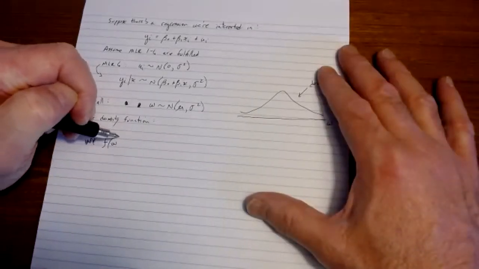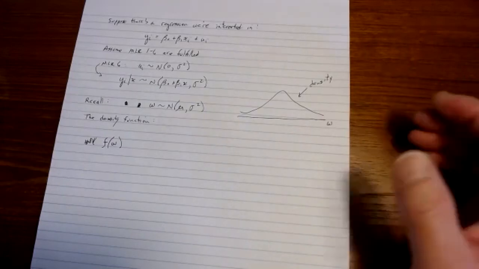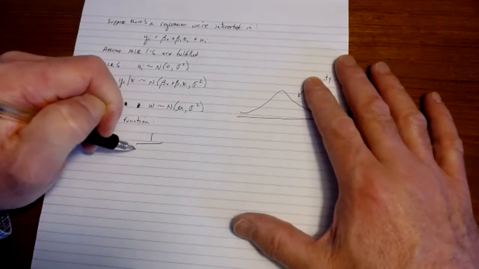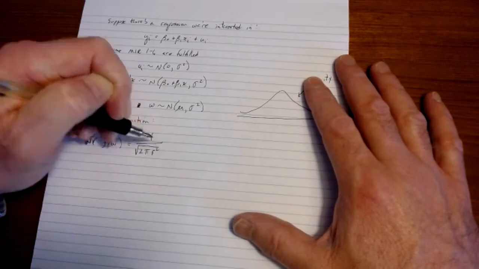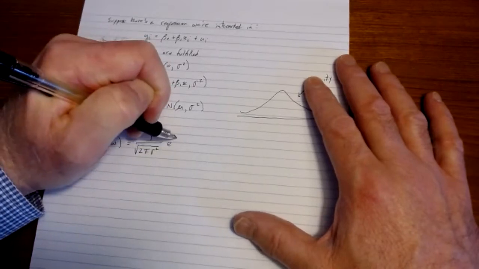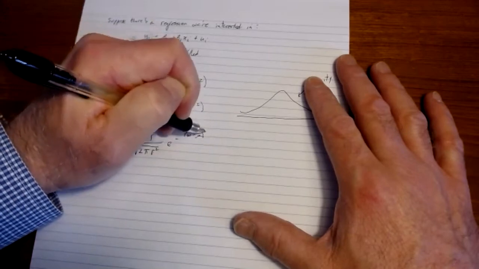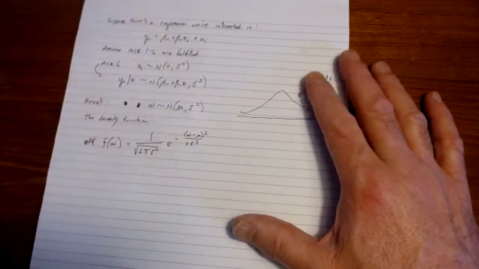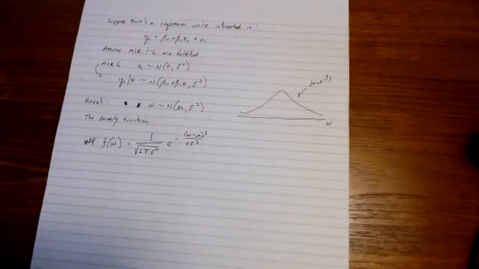The density of our random variable w, which is normal, is 1 over the square root of 2 pi sigma squared, e to the negative (w minus mu) squared over 2 sigma squared. Okay, that's a normal density right there.